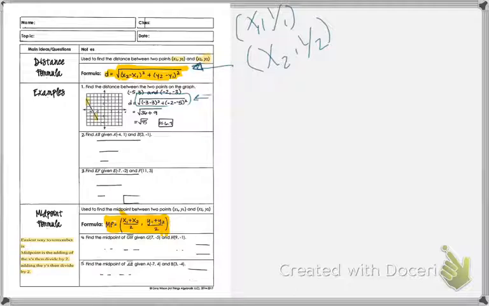So if you do this, then that means that you have square root, and if we're going to work this out, negative 3 minus 3, that would be a total of negative 6 squared, plus the differences in the y's. Oh, actually, it did the differences in the y's first. Nice.